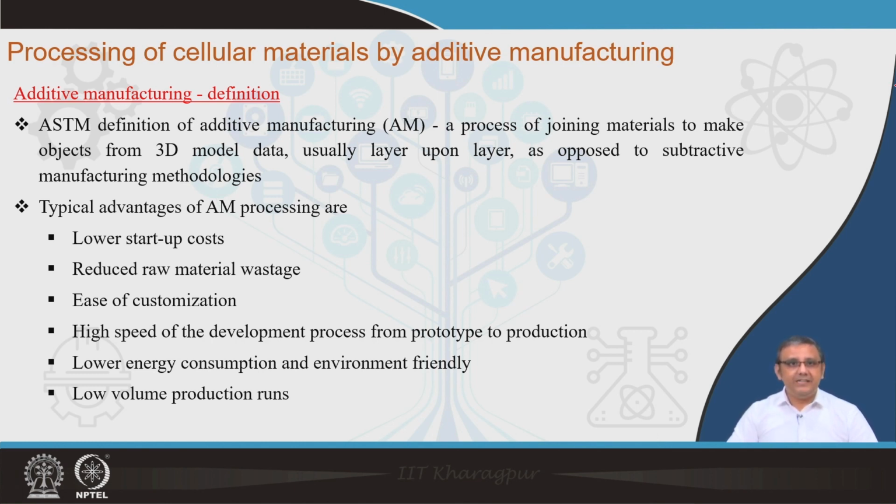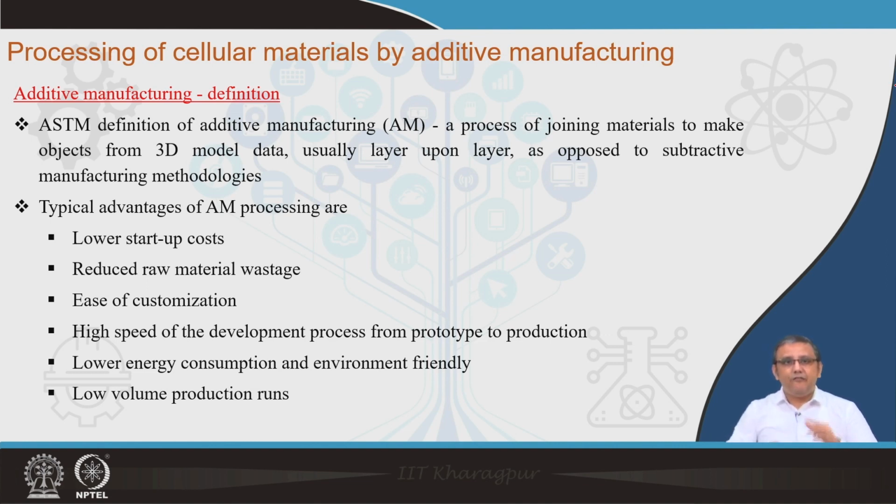AM has many advantages which include lower startup cost. That means the initial startup cost is rather low, although there are techniques like laser processes or electron beam welding where the initial startup cost could be pretty high. It also has reduced raw material wastage. This is a big advantage of AM, because here the final component is already designed by the CAD model, and then this is built layer upon layer.